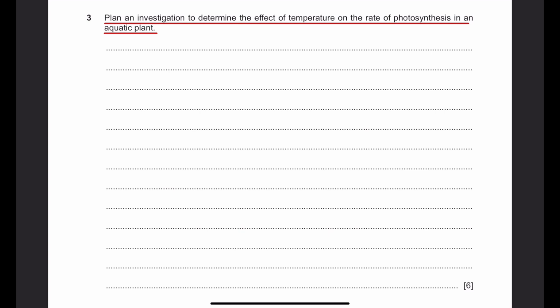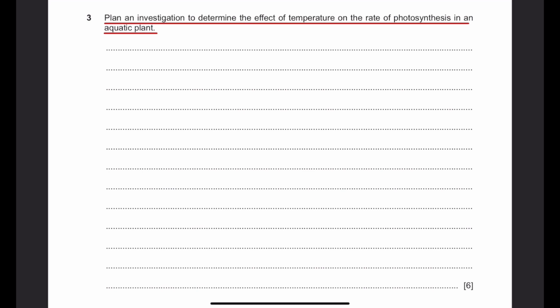The good thing about this is that you don't actually have to write a proper experimental proposal or anything like that. There's something you should just remember, which is a format.